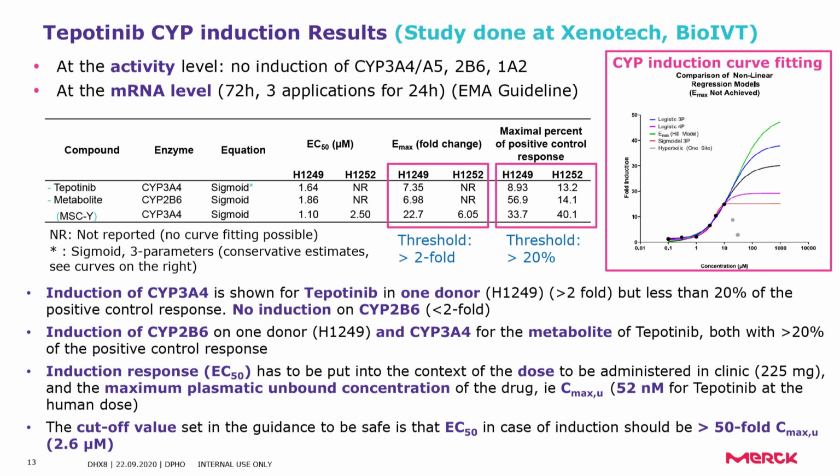When I say conservative, you can have a very wide range of Emax depending on the equations, and the 3 parameters gives you the conservative estimate, in the sense of the lower Emax. So for 3A4, I repeat myself, for tepotinib there was no induction of 2B6.